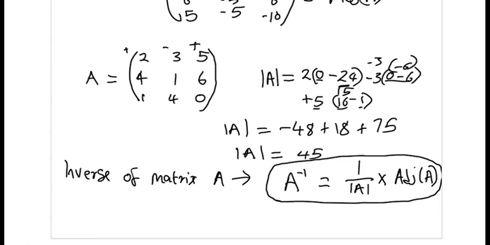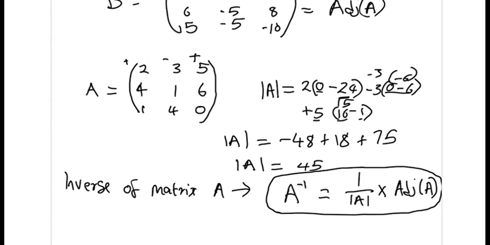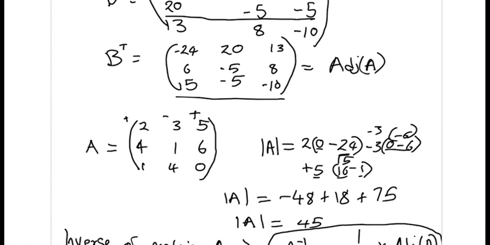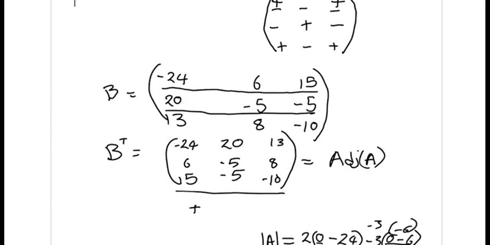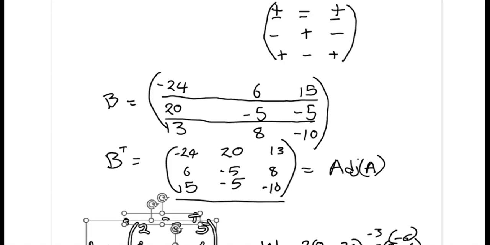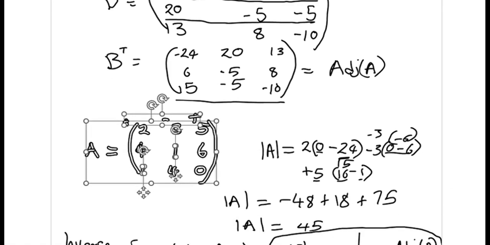Now I'm going to bring out the adjoint of A from what I've solved previously, which is this matrix. First I can erase all these. I think that should be useful for that's my original question.